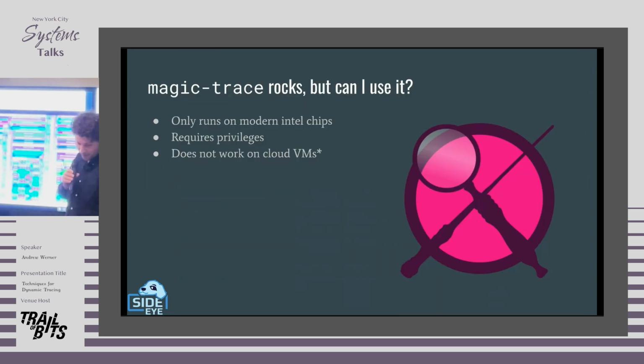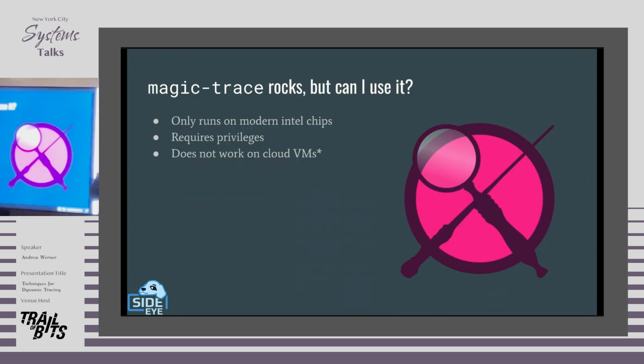But magic trace, I mean, magic, right? Why don't we just all use magic trace for understanding our performance problems? It is actually very low overhead. Unfortunately, it requires bare metal access to a modern Intel machine on Linux, and it doesn't really work in cloud VMs.